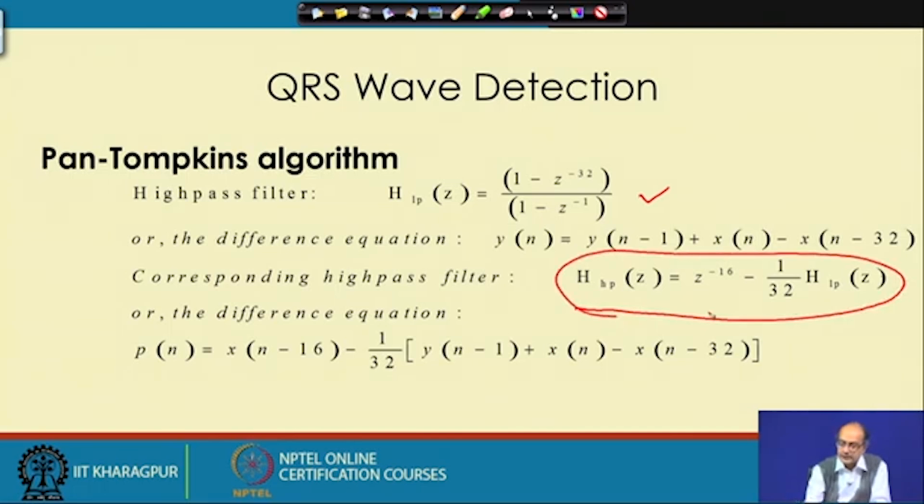Okay. And this is the corresponding high pass filter, the corresponding difference equation also is given, and here the only term other than 1 is 1 by 32, which we know is a power of 2, 2 to the power minus 5, and we can incorporate that with 5 right shift operations.